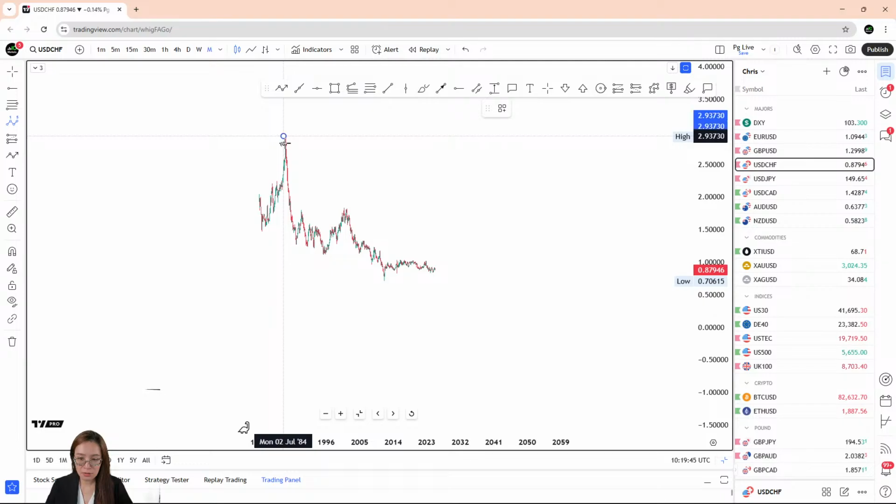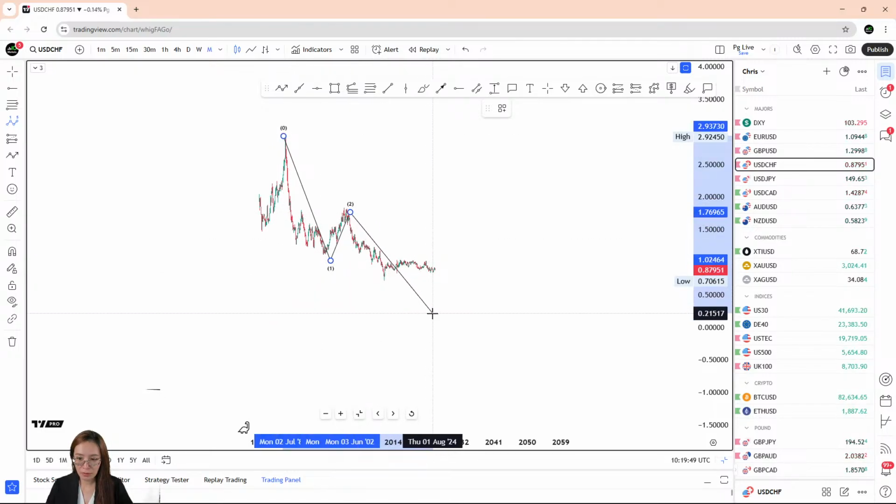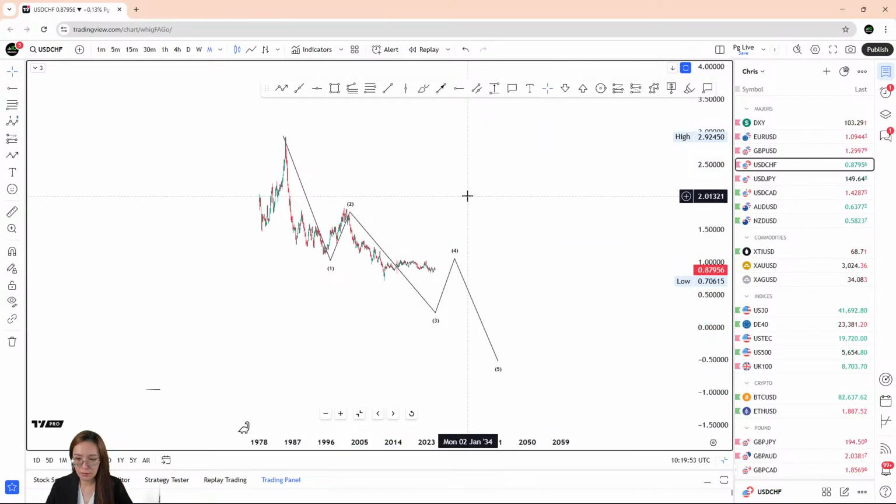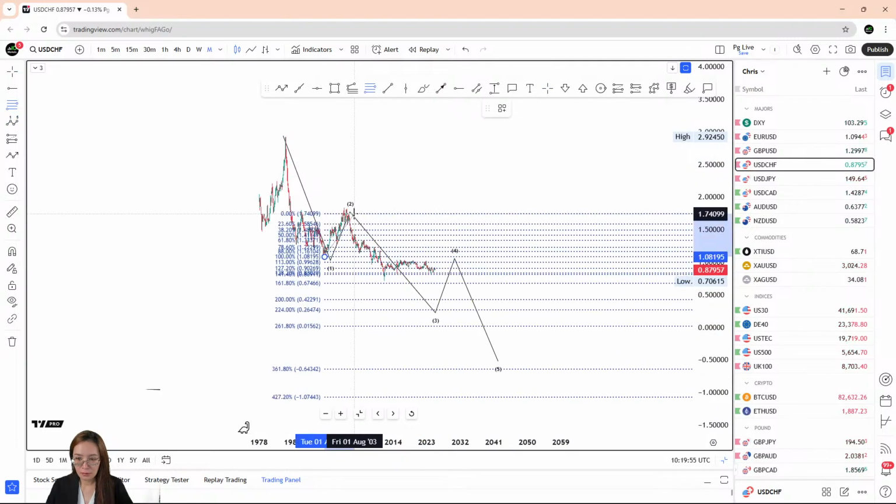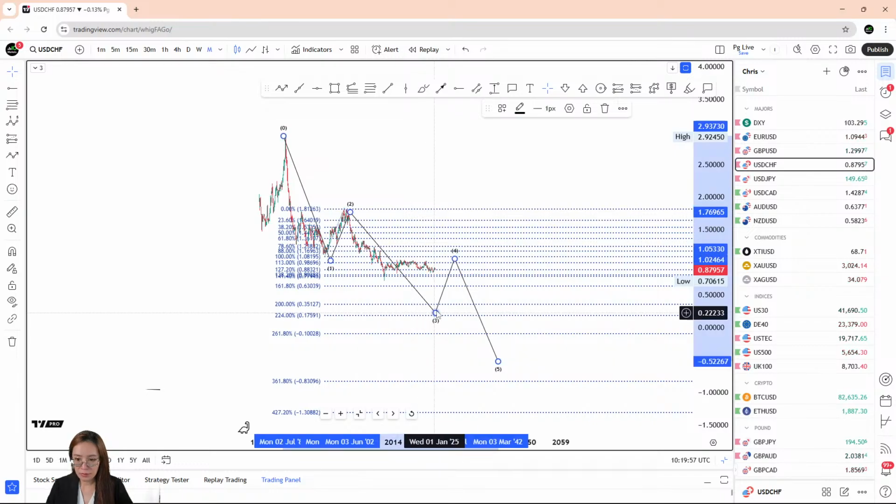I don't know. Okay, 1, 2, maybe haven't completed 3, or here 4 and 5. 200% completes the wave, either 161.8 here or here. We don't know yet.